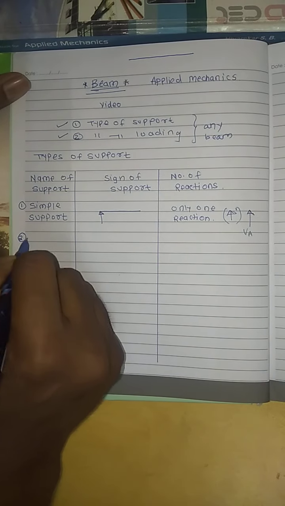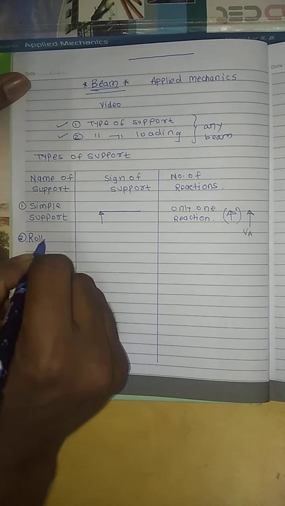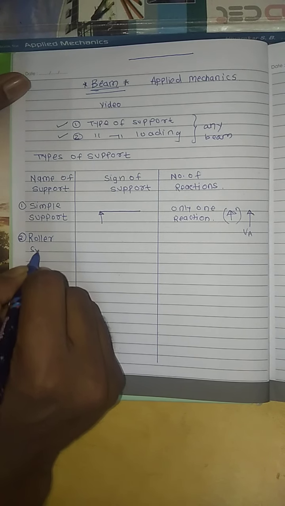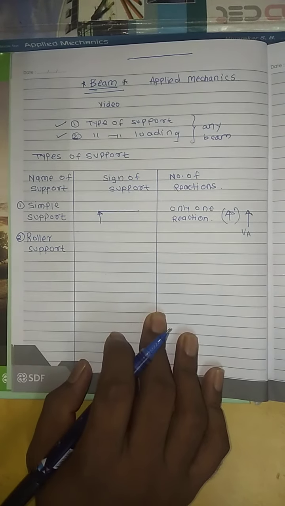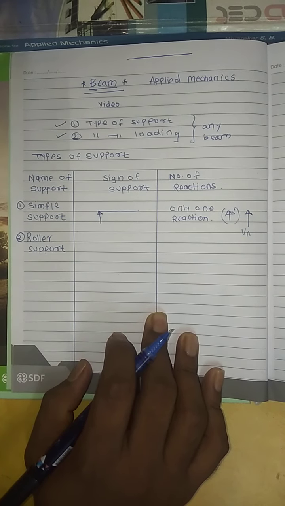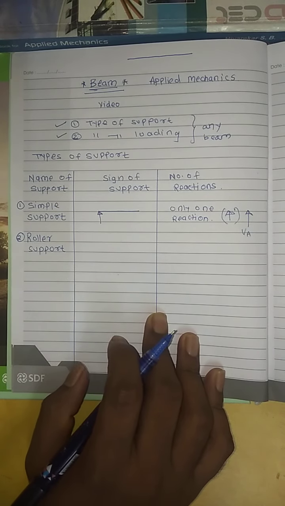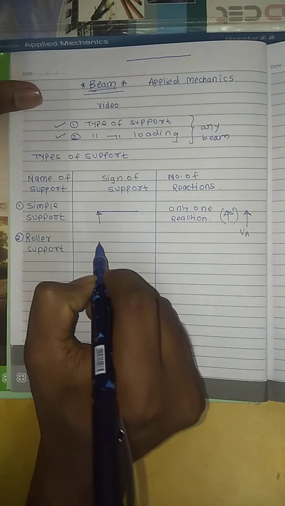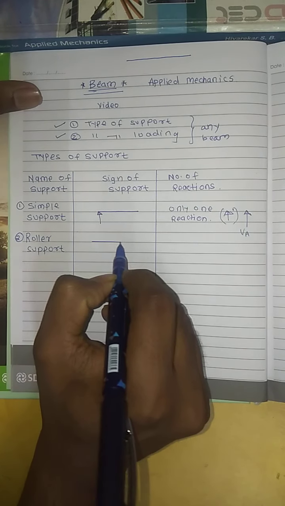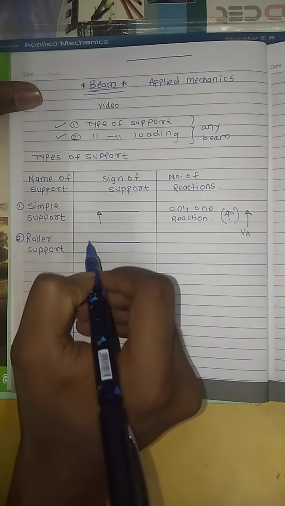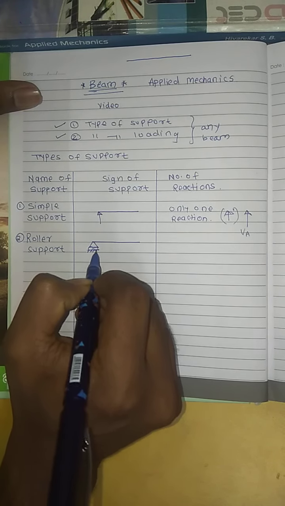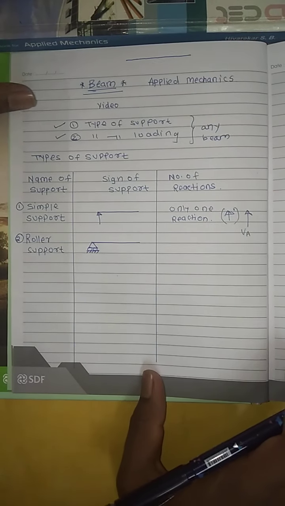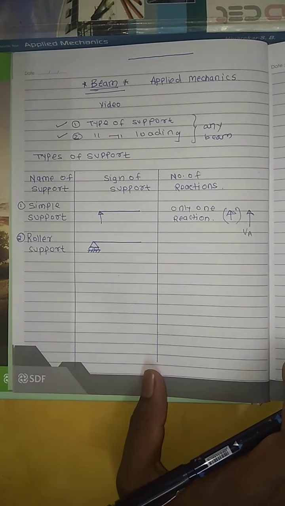Second is a roller support. There are only four types of support, so listen carefully, see the video carefully. Second is roller support, and the roller support we show like this. Here, this is our beam, and this is the way you can show the roller support.